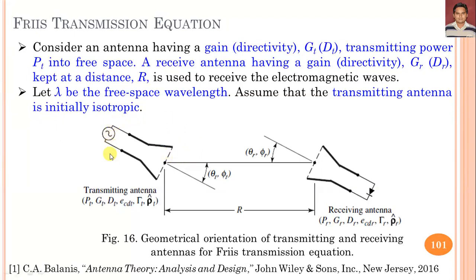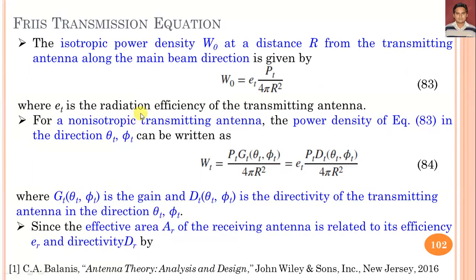Initially, we assume that the transmitting antenna is an isotropic radiator, so it radiates equal power in all directions, which we measure in terms of power density. That power density we represent as W naught, which is equal to eT PT upon 4 pi R square.